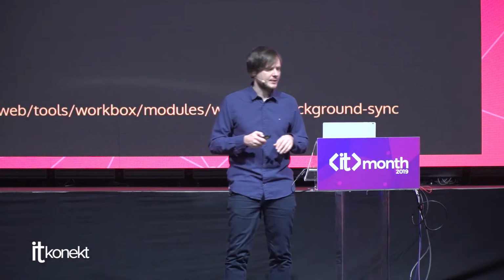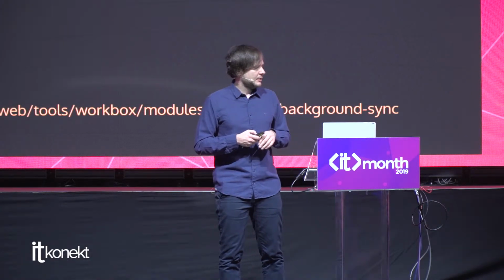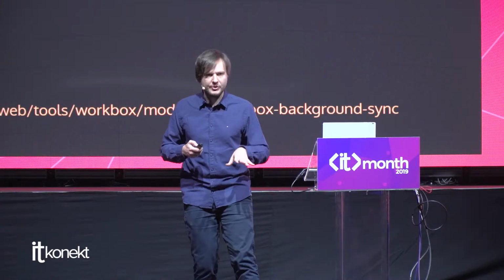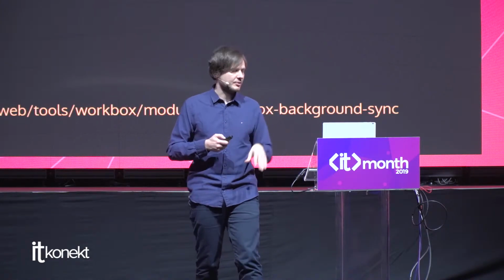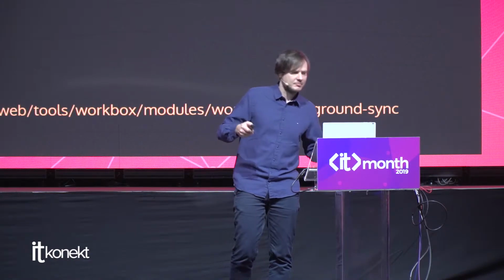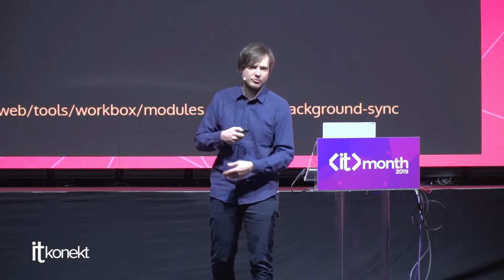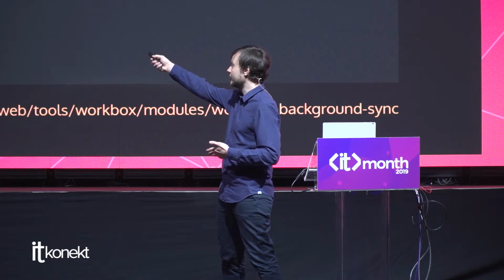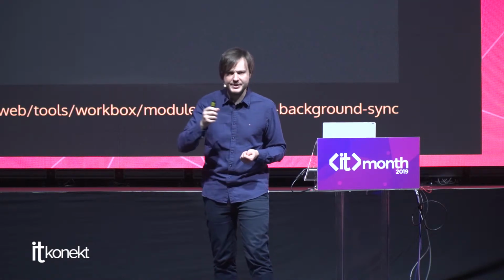How does Workbox do this? Again, in a very declarative way. We register a plugin. You remember it's based on plugins. The plugin is called background sync. We give it a name plus some parameter: how long do we want to even try to do this? And then the same idea as for runtime caching, we provide a URL, and here it's a different format.